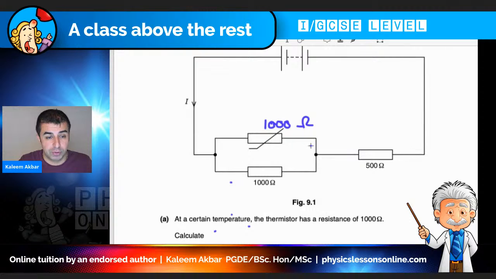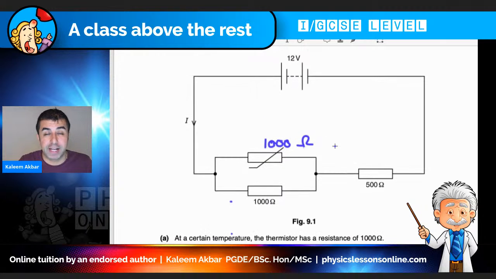Okay, so 6 volts, and that means that these two must also have 6 volts each, because basically in series it must add up to the total supply. So whether I go this way, up and round, down and along, those two must add up to 12. And whether I go along here, down and down the way, along and back up and round, it must also add up to 12.